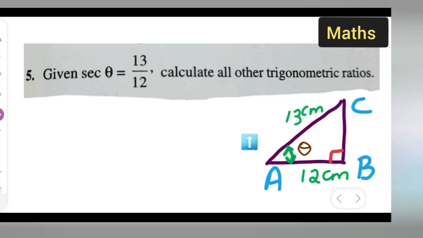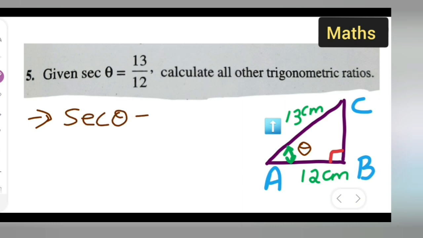So what is given? You will have to draw a triangle over here first, that is ABC. This will be the theta, this AB will be 12 and here the hypotenuse will be 13. Now you can write down sec theta is equal to AC upon AB, that is hypotenuse upon adjacent side.